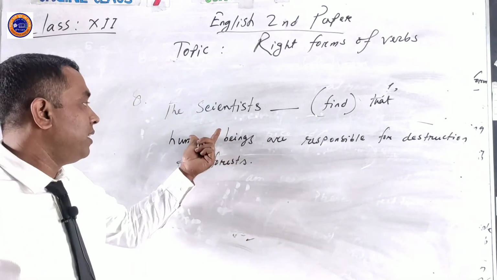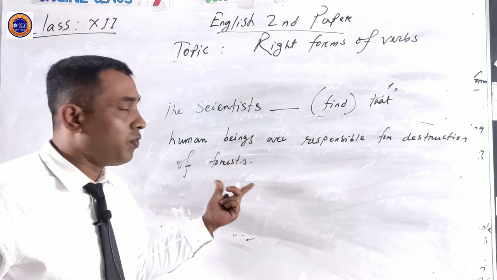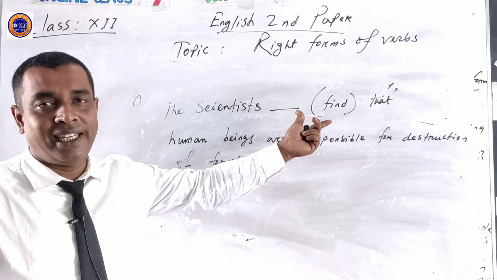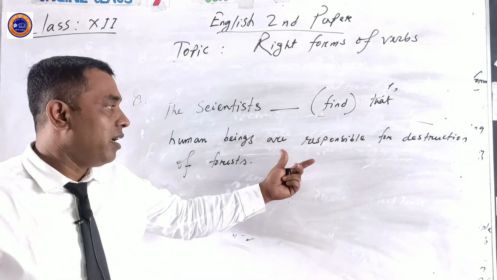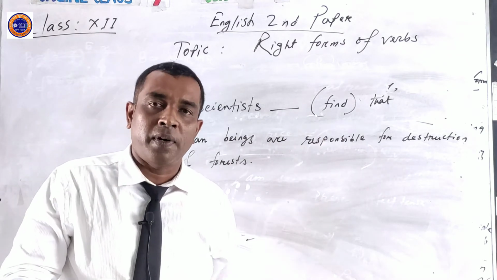Scientists have found these things some years or some moments ago, so the effect is really present at this moment. So you must understand that this sentence will be present perfect tense.